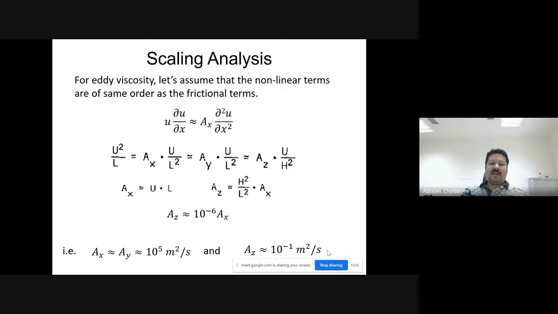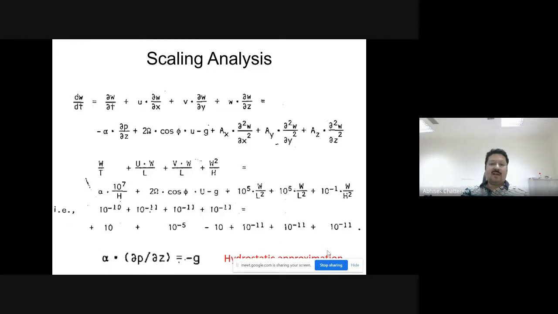Then we looked at AX, AY, and AZ, the frictional parameters. And we put all those values in the W equation first. So when you put in the W equation U, V, W, and P, which is basically rho G H in this case, it is assumed.